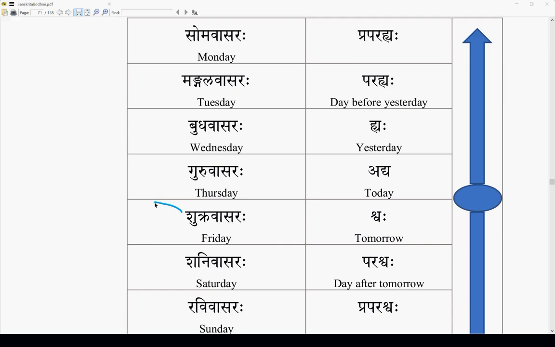Shukracharya. Acharya means teacher again. Shukra is his name. Demon is not the actual translation, but you can approximately take it as demon. So Shukra is the teacher of the Daityas.